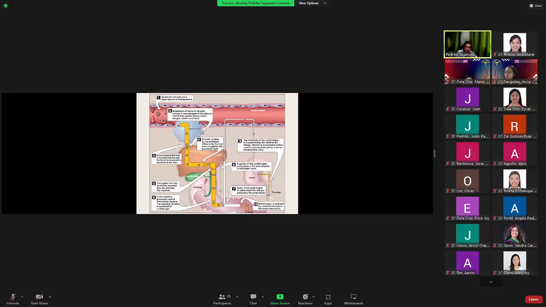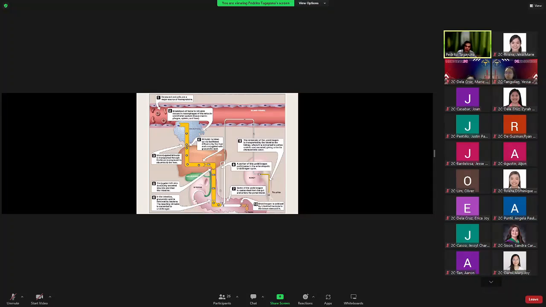Urobilinogen can be reabsorbed from the intestine, go to the circulation, and may go back again to the liver and get excreted in the intestine, or in the feces. In the feces, this urobilinogen is oxidized again by other intestinal bacteria to become stercobilin, giving color to the stool.